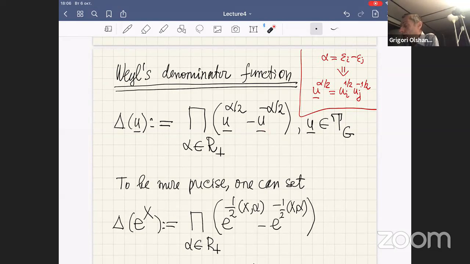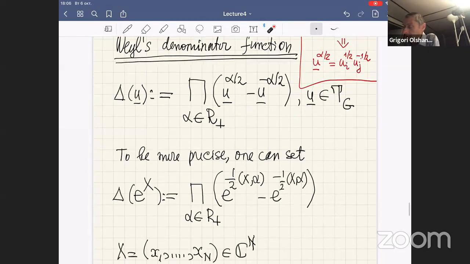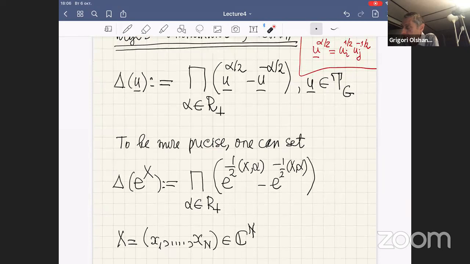We can say, okay, but it does not make sense, because we raise this variable to some power, which in principle can be not an integer. So if you want, one can be a bit more precise and exponentiate.